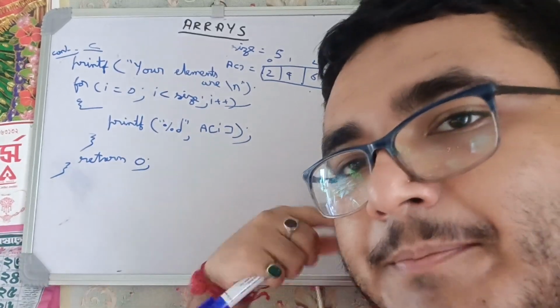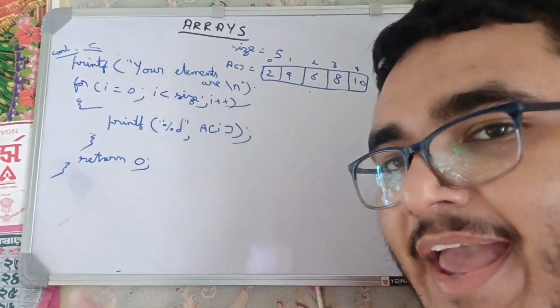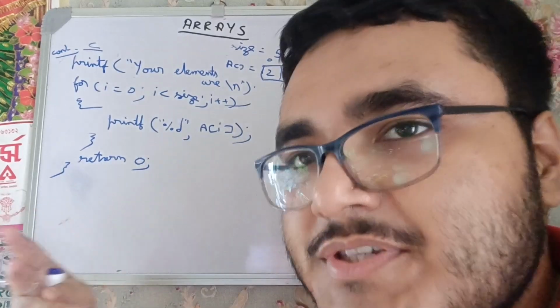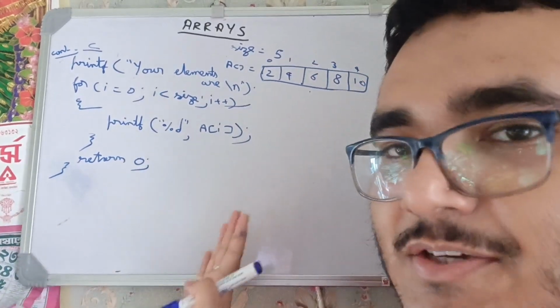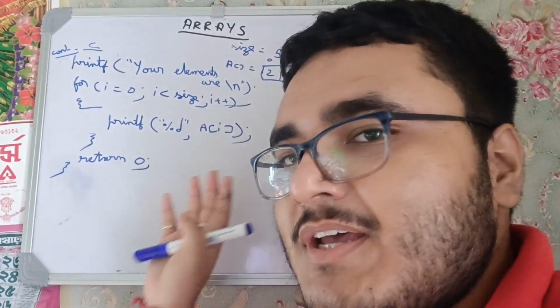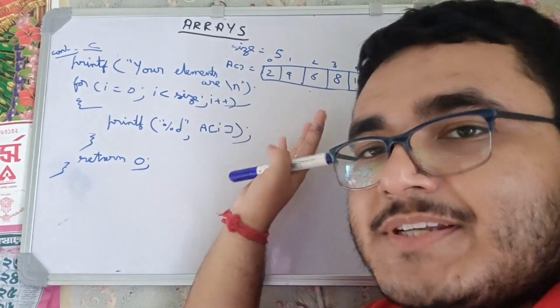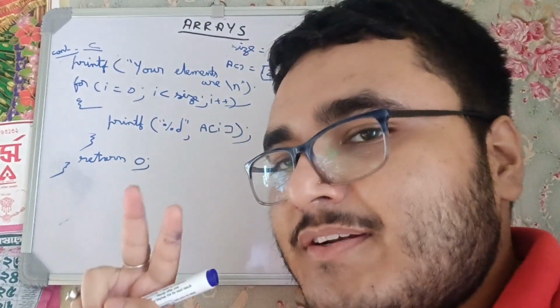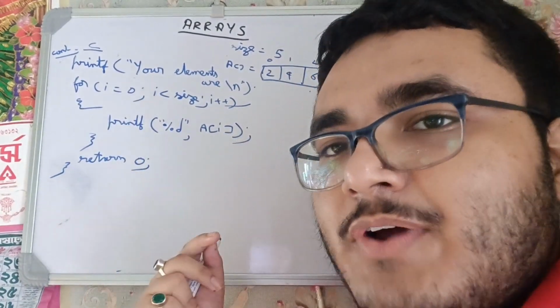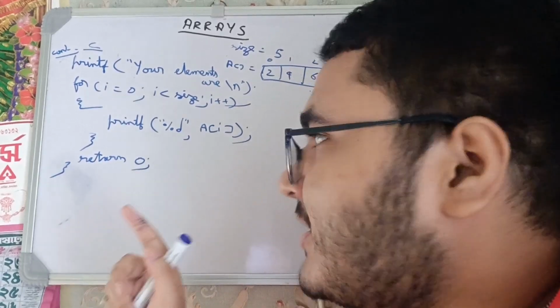Now there can be many questions regarding arrays. They may ask you to reverse the elements in the array. See, there are two things. One is printing the array in reverse order. That is easy.